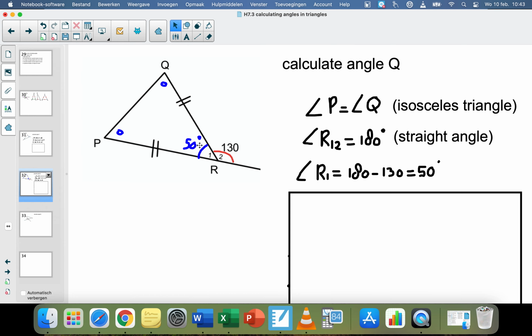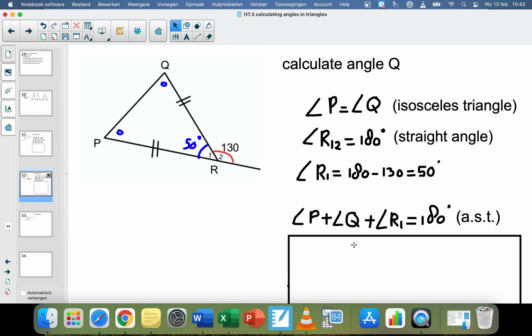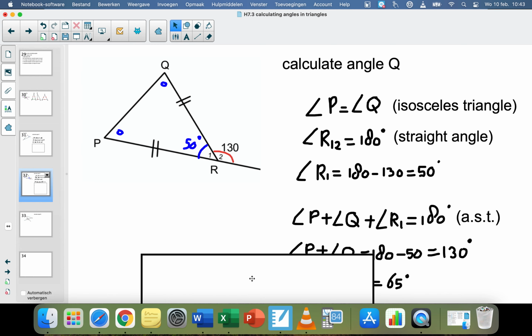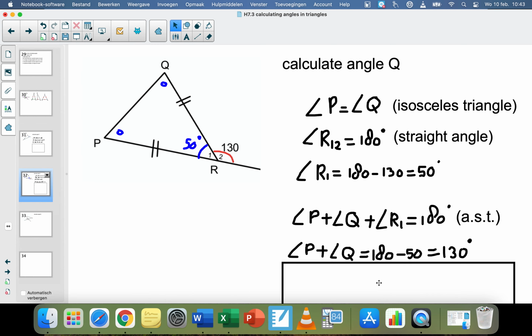So now we know that R1 is 50 degrees, and as already mentioned, P, Q and R is a triangle, so P and Q and R1 together are 180 degrees, so that's because of the angle sum of the triangle. So now we can continue, because that means that P and Q together are 180 minus 50, which is 130.